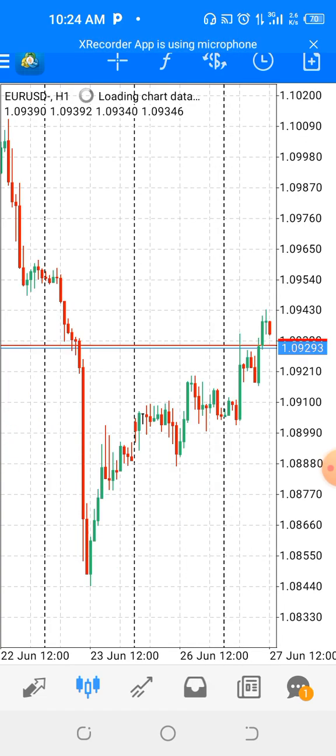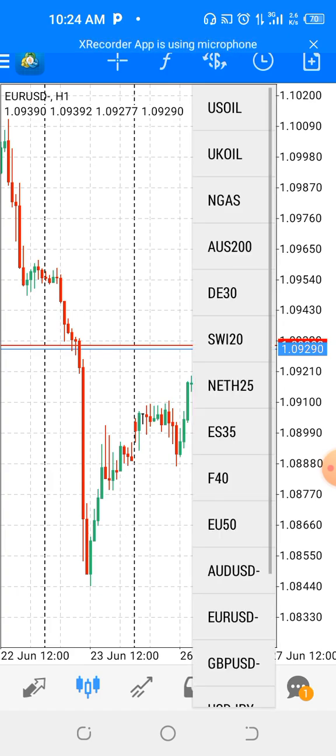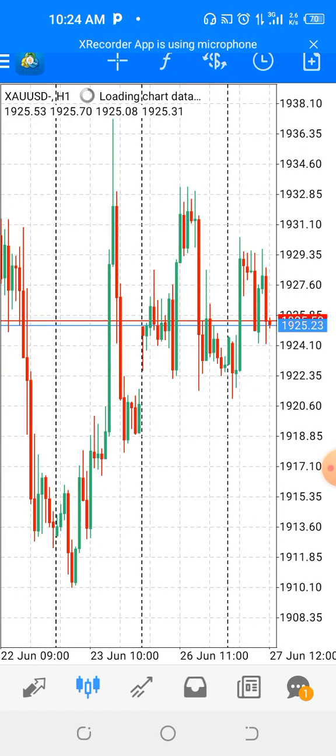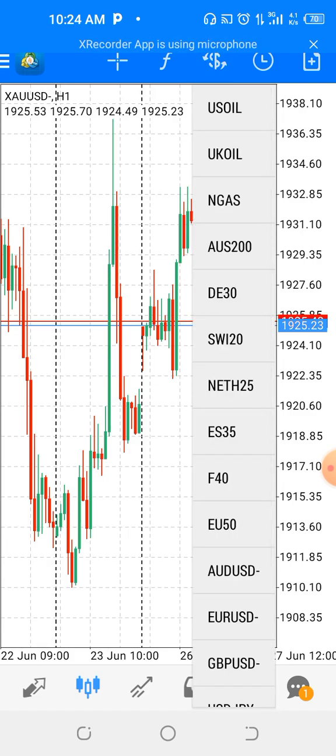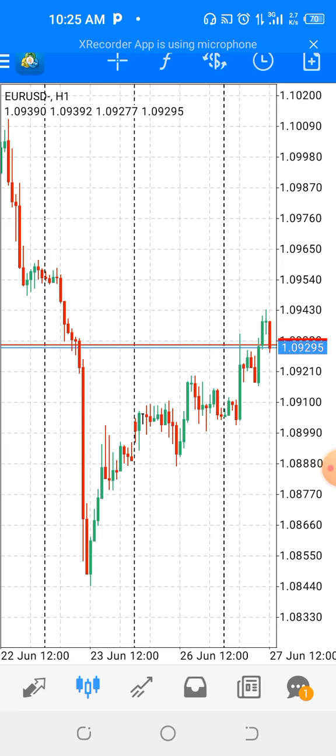Let me check what this market is doing. At different times, the market makes up and down movements. So now, like I said before, the pip is just a unit of measurement to express the change in the value of the market.